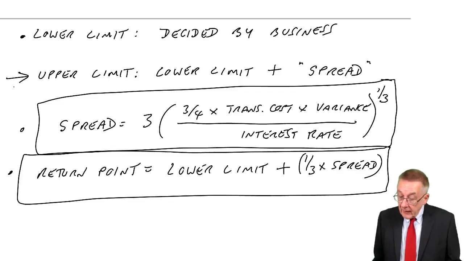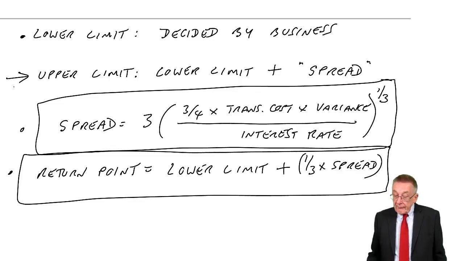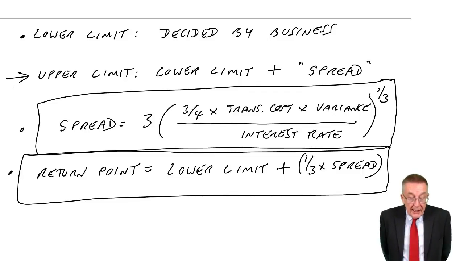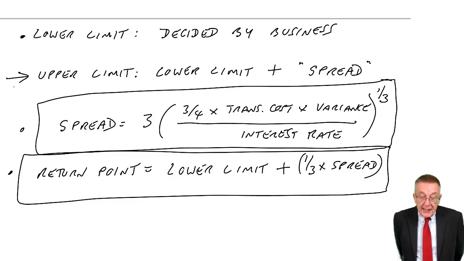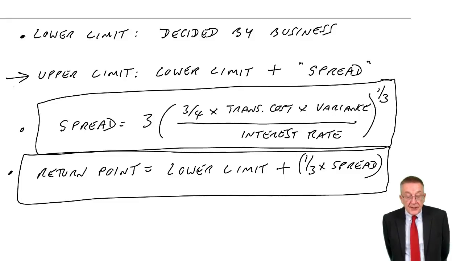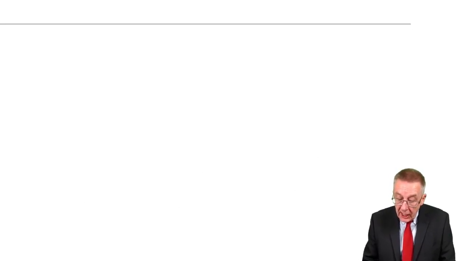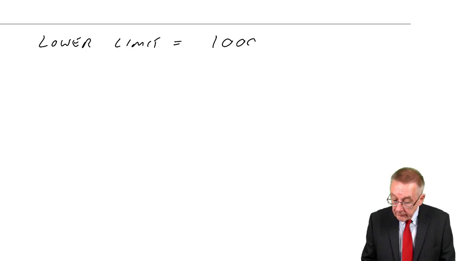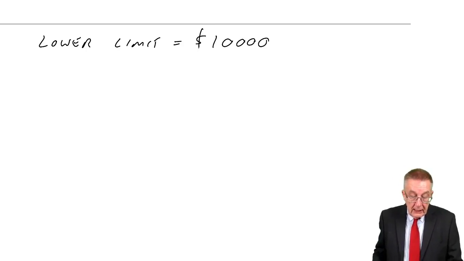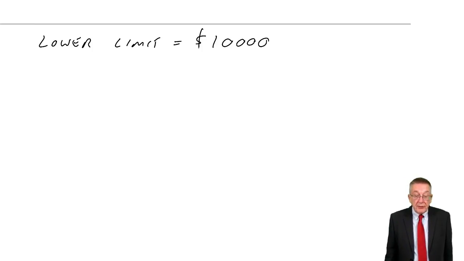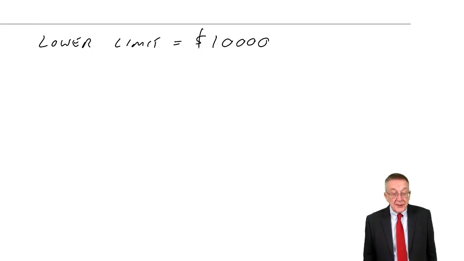So let's have a look. Look at example 3. A company has decided it needs a minimum balance of 10,000. So straight away, that is the lower limit. The transaction cost of making transfers to and from deposit is $5.